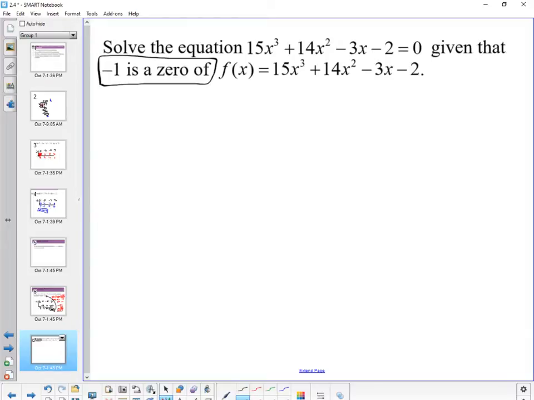So here's what I'm going to do. I've got 15, 14, -3, -2, 3, 2, 1, none. Good. And I know that -1 is a 0. Why are we dividing? What am I going to get at the end here? A 0. Because I already know that this is a 0. Okay?